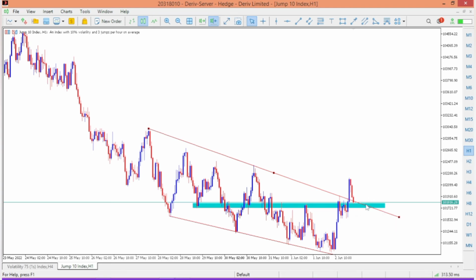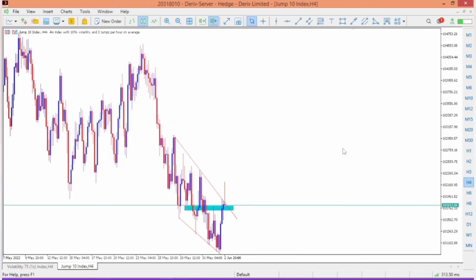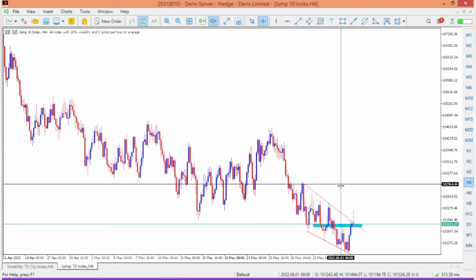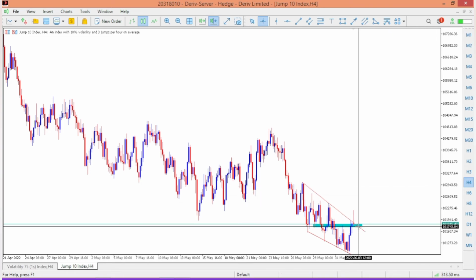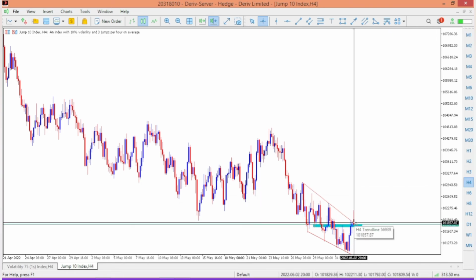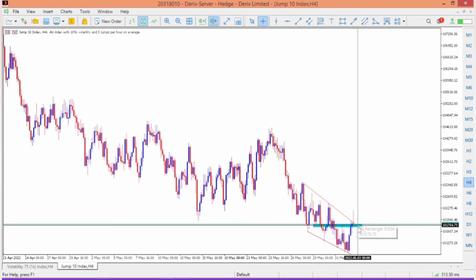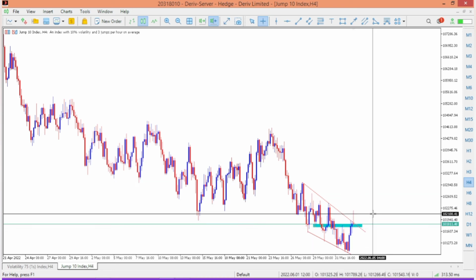If you check on the 1 hour time frame, a breakout has already occurred. But since price has been in a strong bearish trend, I suggest you wait for a confirmed bullish close on the 4 hour time frame above this trend line.